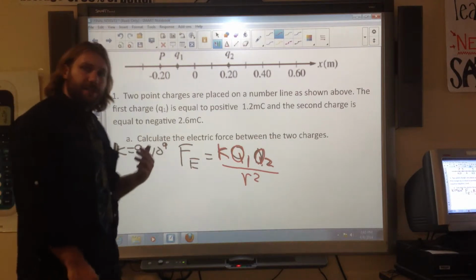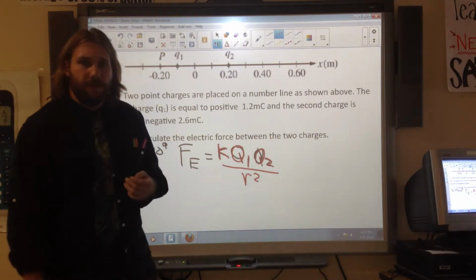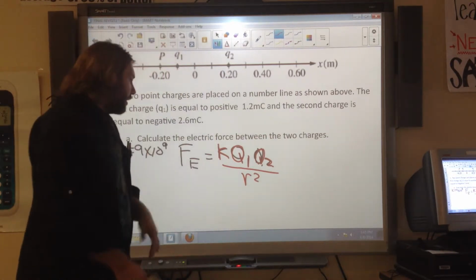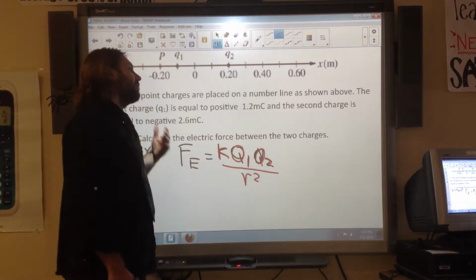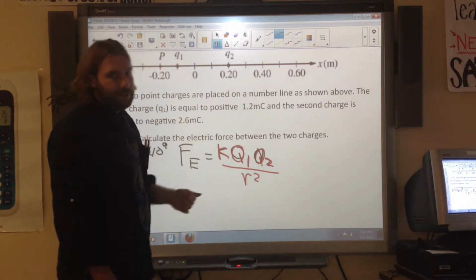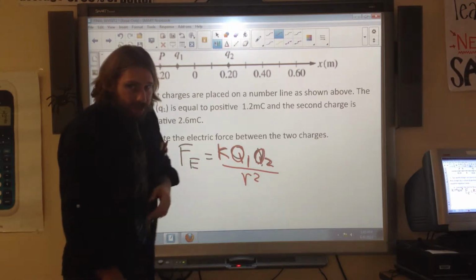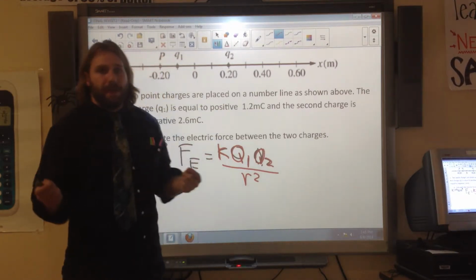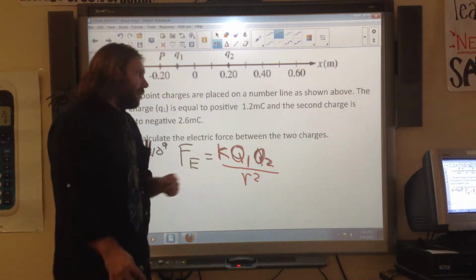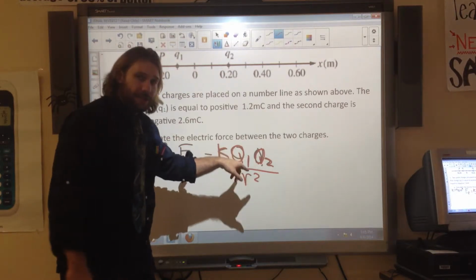I'm going to use this equation to solve for my force. But the biggest thing that's important is that it doesn't matter if these two Q's are positive or negative in this equation. We find direction of force by looking at if they attract or repel, not by looking at their positive and negative signs in the equation.